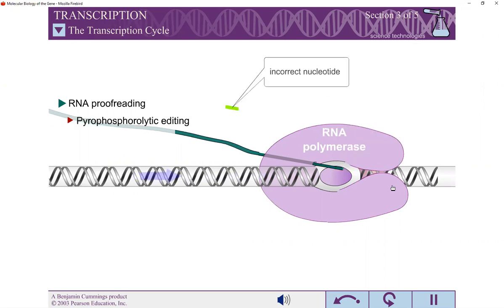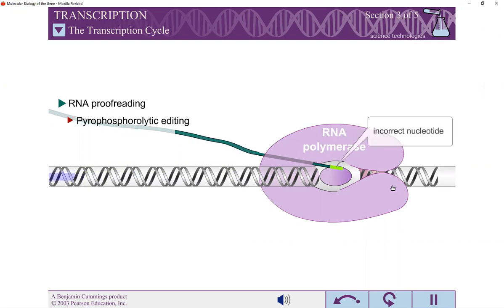RNA polymerase slows down when an incorrect ribonucleotide is added, making removal of an incorrect base more likely than removal of a correct base. So an incorrect base could be effectively removed. Next point.